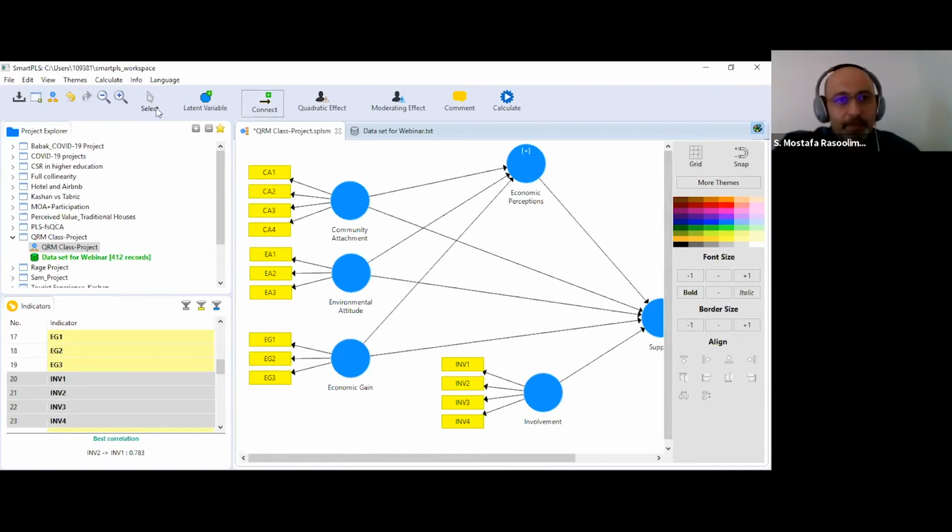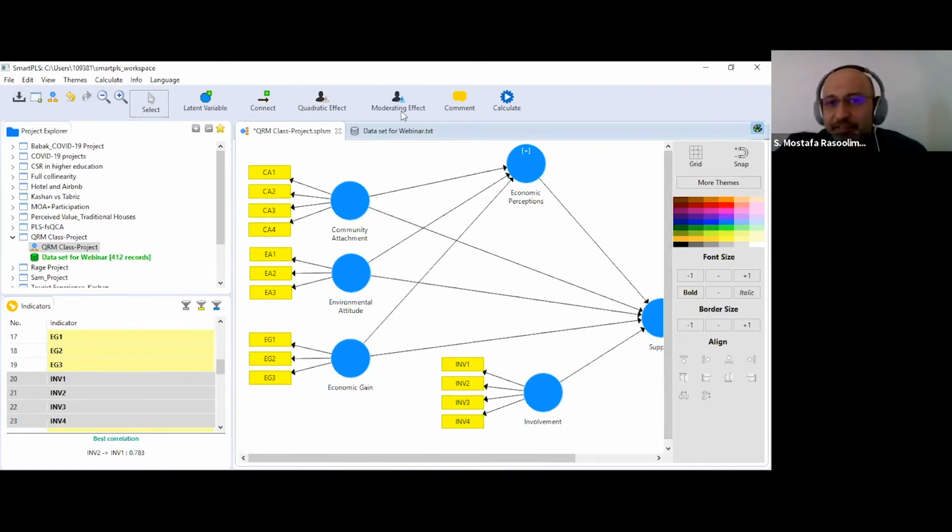Okay, so now we included involvement and connected involvement to DV. Now we need to create interaction effect.